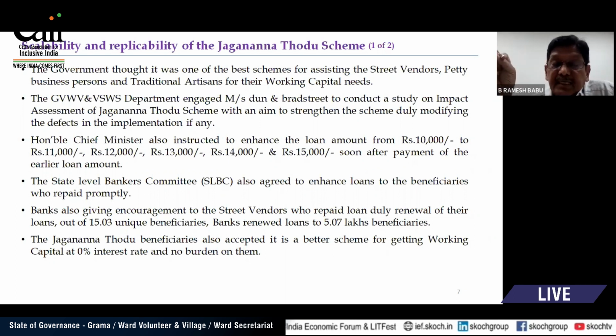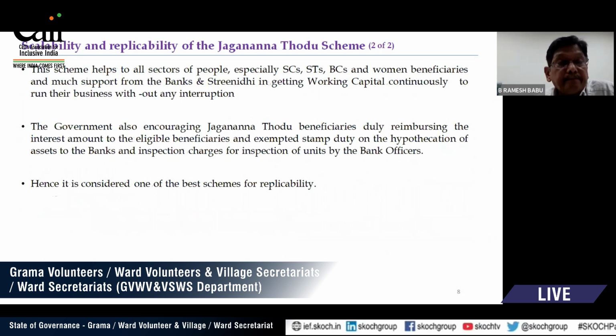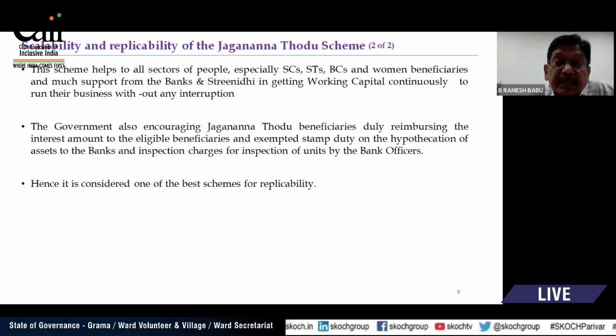So far, we extended benefit to nearly 20 lakh 11,000 people. Out of 20 lakh 11,000, 15.03 lakh are unique beneficiaries and 5.07 lakhs are renewal beneficiaries. And we are extending support especially to marginal people, SCs, STs, BCs and women beneficiaries.